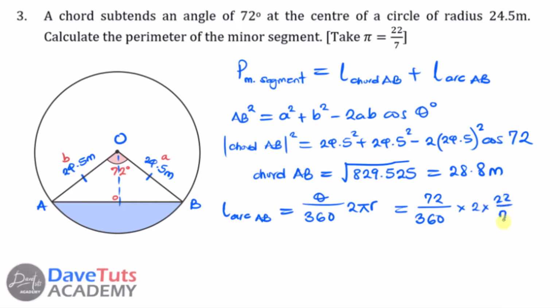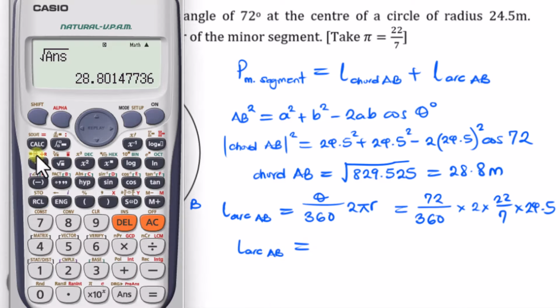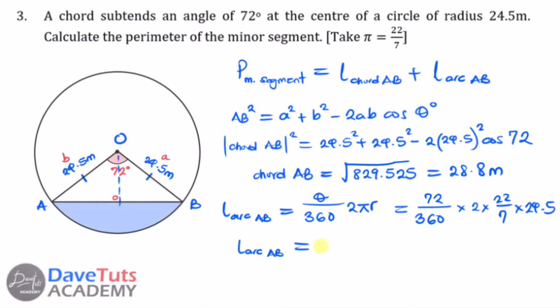Pi is 22 over 7, multiplied by our r, which is 24.5. So we can also find the length of arc AB using our calculator: 72 divided by 360, multiplied by 2 times 22 over 7. I could as well just use pi for that, then multiply by 24.5. So what's this? This is 30.8.